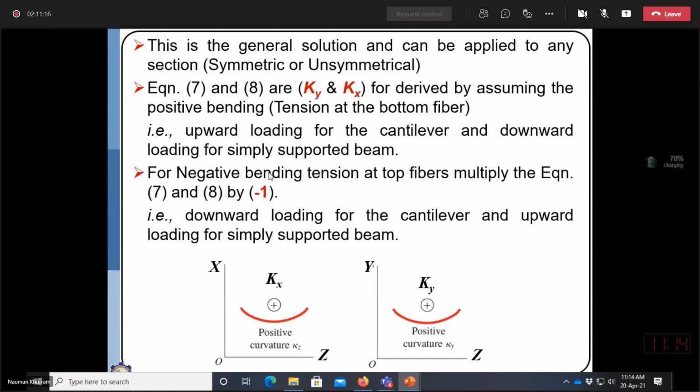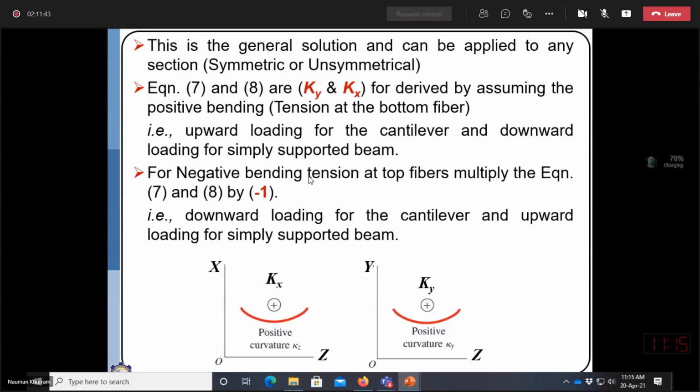But negative bending means tension on the top fiber. In the case of a cantilever beam, if the load is acting in the downward direction, it will produce tension on the top surface. Or in the case of a simply supported beam, if the load is acting in the upward direction, then tension will be at the top.